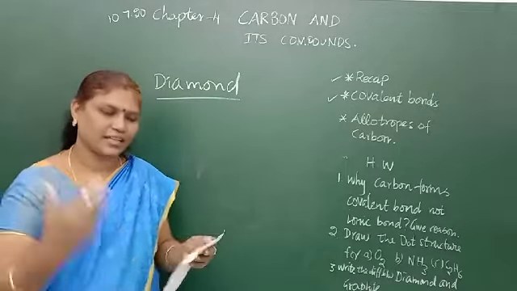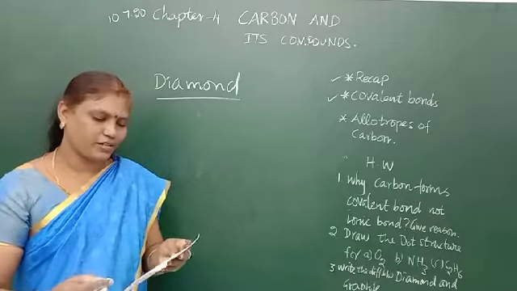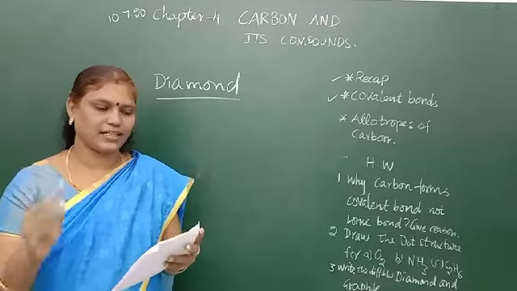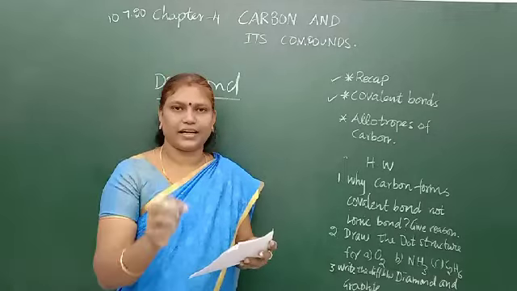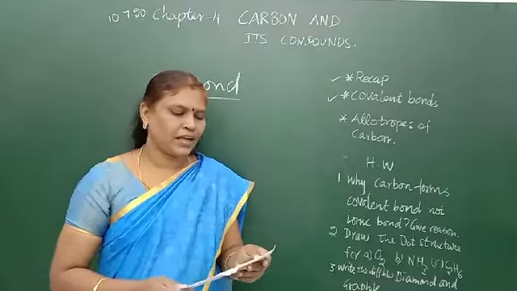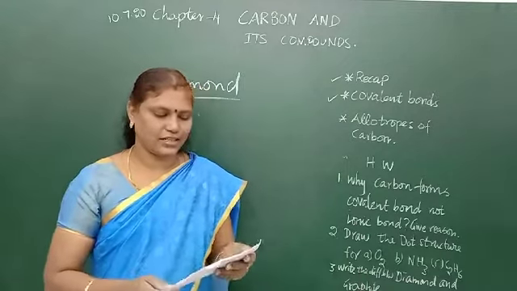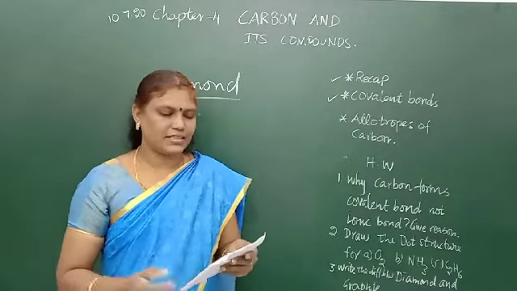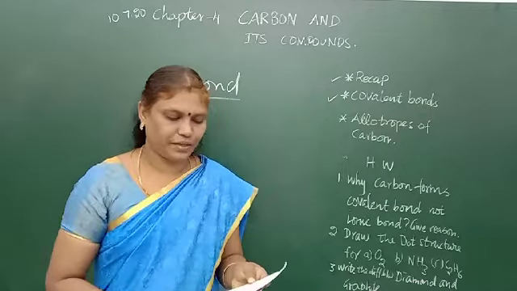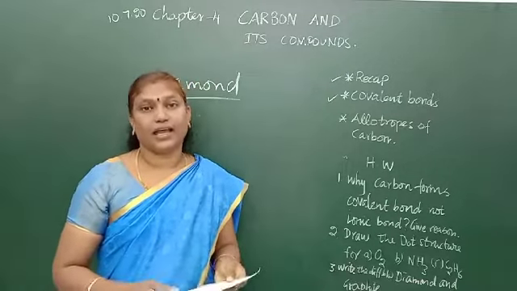The density is high and the melting point is also high. So diamond exists in free state, it is hardest, it is a bad conductor of heat and electricity, the appearance is transparent, the density is high, 3.5 gram per centimeter cube, and the melting point is also high.